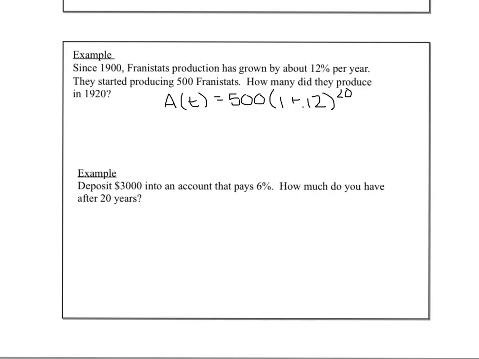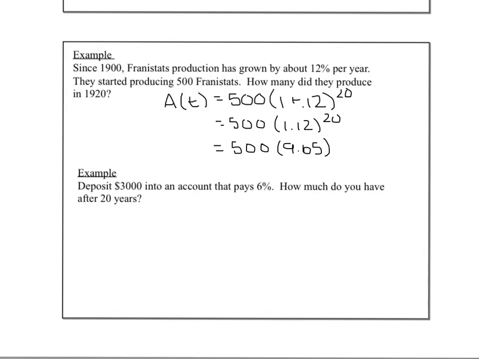Then I always add together first what's inside of the parentheses. So I have 1.12 to the 20th. I do 1.12 to the 20th in my calculator, and I get 500 times about 9.65, rounding to 2 decimal places.